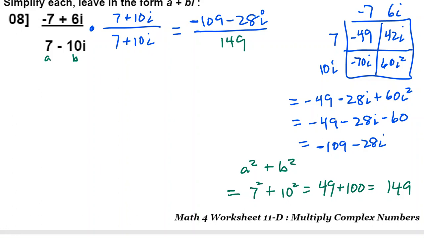And I'm almost certain that they're not going to reduce. 149, 7 will not go into it. 3 will not go into it. 5 will not. 11 will not. And I think we're about out of prime numbers by then. So that is not going to reduce because I believe 149 is prime.